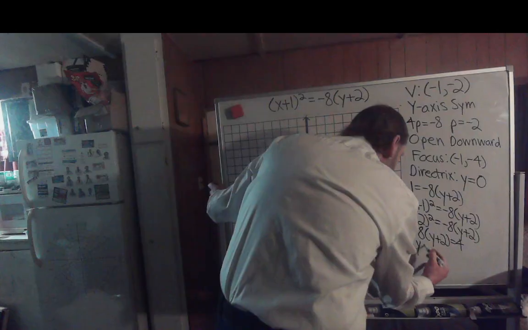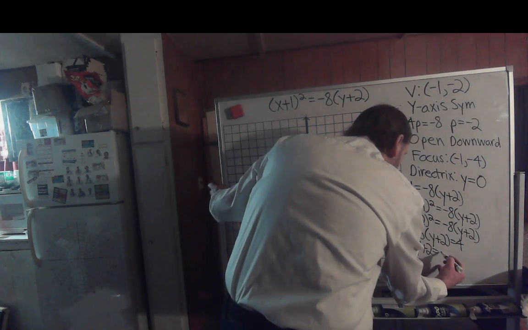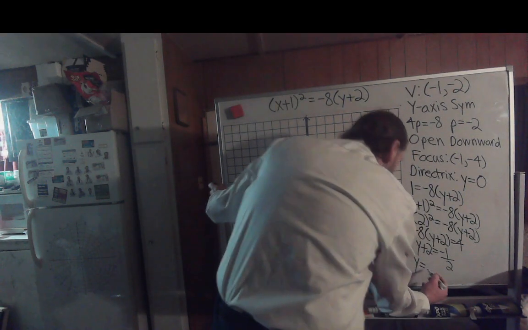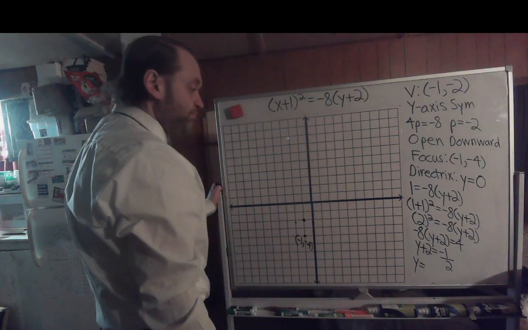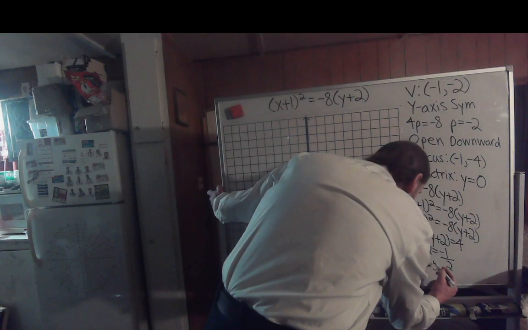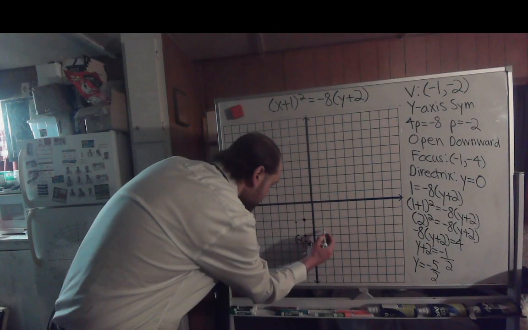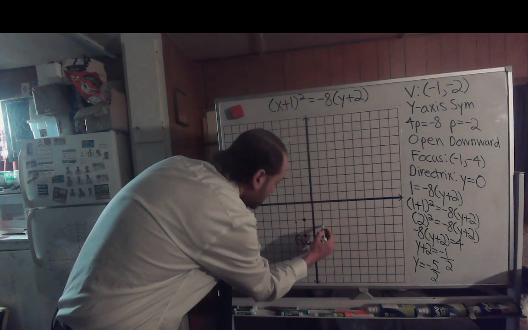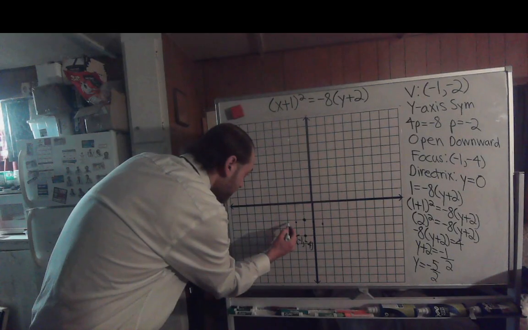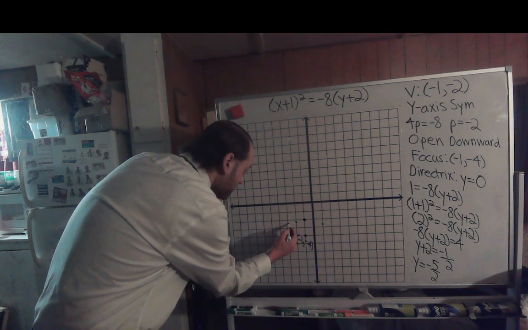So y plus 2 equals -1/2, which means y would equal what? So -4/2, that'd be -5/2. So y equals -5/2, which is -2.5. That'll put me down here. And then the same if I put in -3 for x, I would get the same thing.